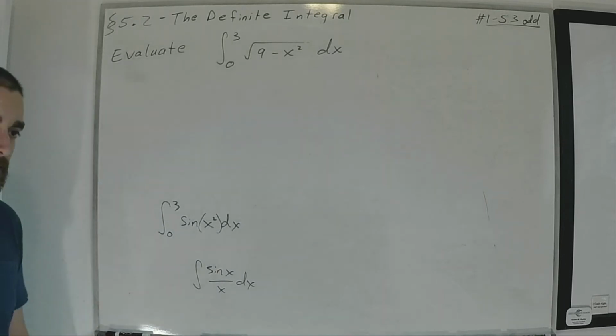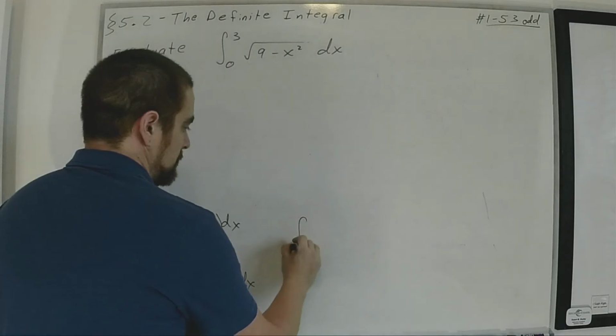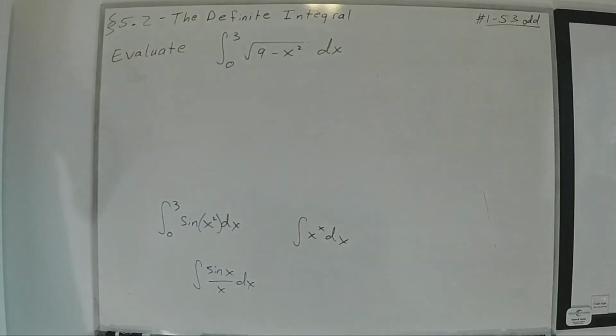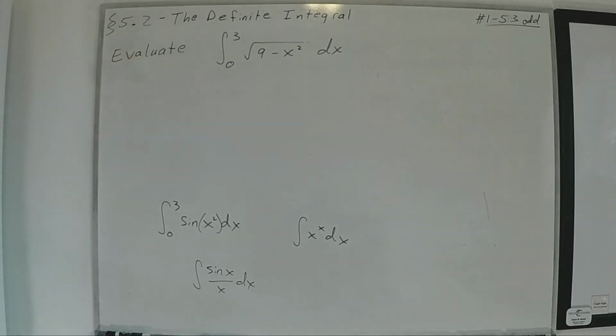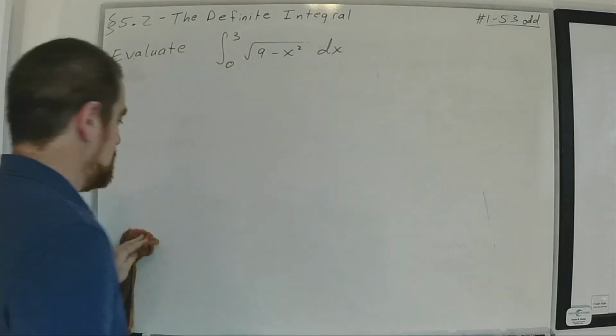You're just not going to be able to integrate them. So you do have to be careful. There are functions out there that you just can't do using those simple antiderivative techniques. But, again, don't worry. It's not like I'm going to be throwing things that you can't integrate at you.